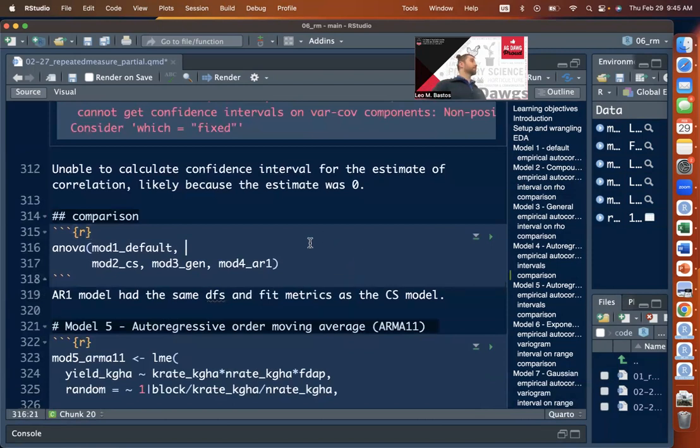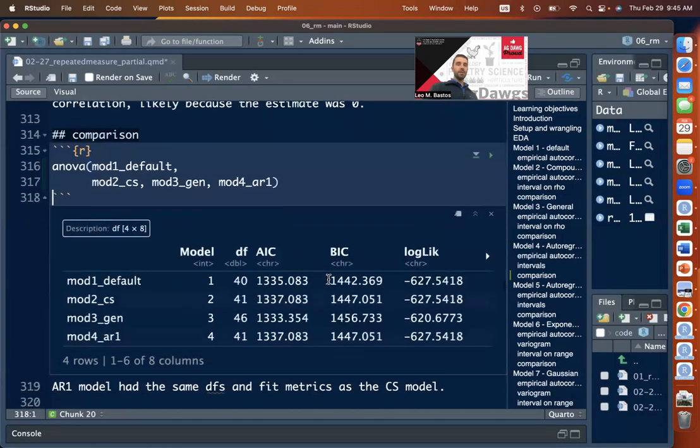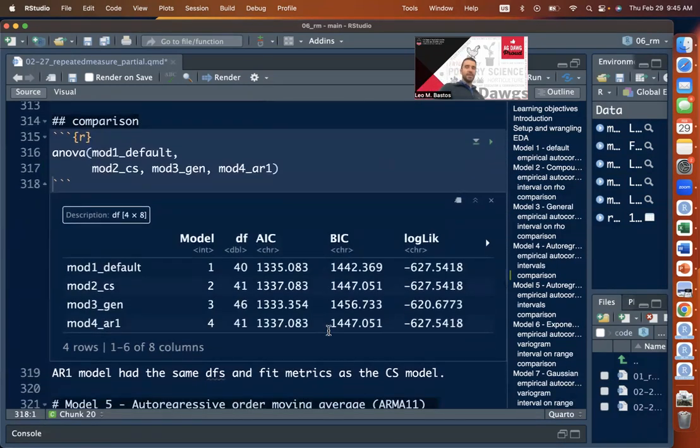All right, that doesn't keep us from comparing this model with others. So I left you the code here already. We're going to keep the models that we have already developed and then add the one that we're working on right now incrementally to compare all of them. So if you run that, we see here that it's taking one more degree of freedom than our default to estimate that correlation parameter. So it took 1 degree of freedom to estimate something that was estimated as 0.